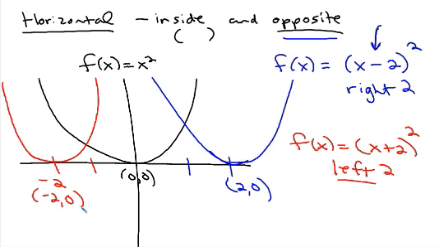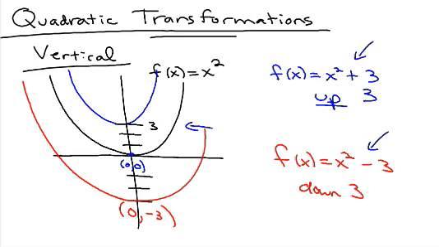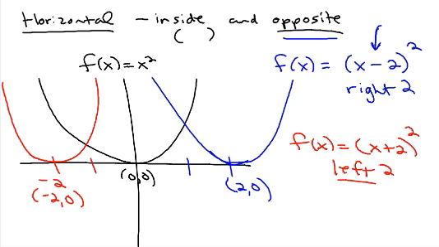All right? So we've talked about vertical transformations. Vertical transformations, the change is just added or subtracted on the outside. When we have a horizontal change, we have our change inside parentheses, but it's moved the opposite way you think it is.